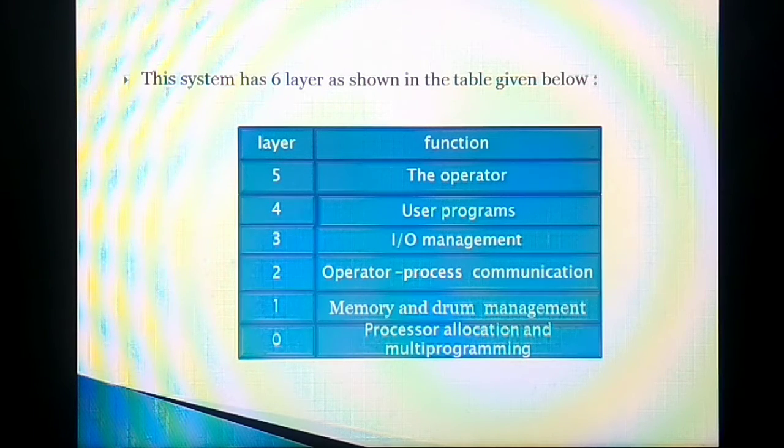The operator layer cannot access the user program layers. Processor allocation and multiprogramming hides the memory and RAM management layer; you cannot access each other.